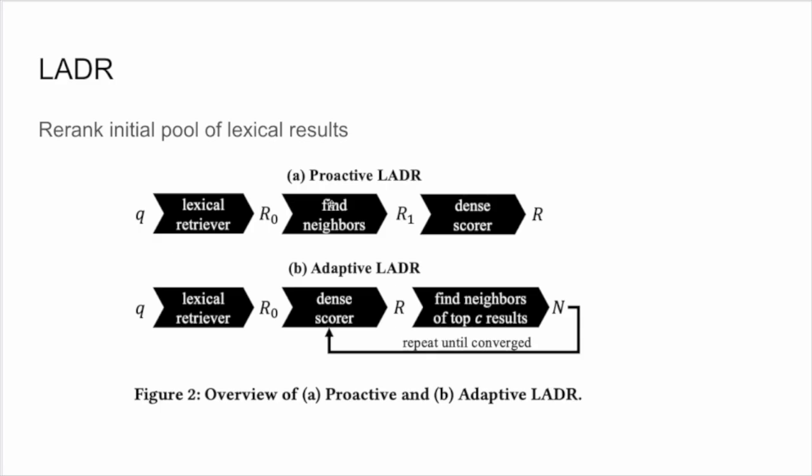Why do you need those neighbors exactly? It's because lexical retrievers are not that good, and we're worried that they might miss some important passages. But, well, it's not that bad either, right? What it retrieves, if it's not exactly what we want, is at least close to what we want in terms of a vector.